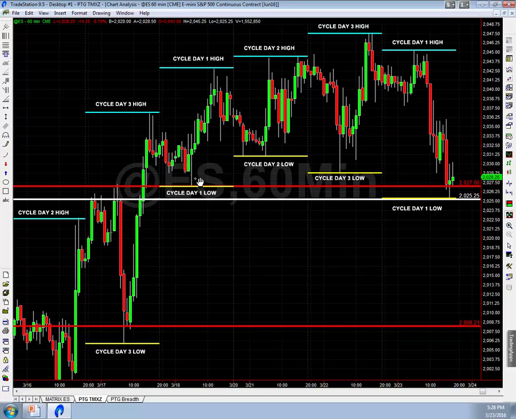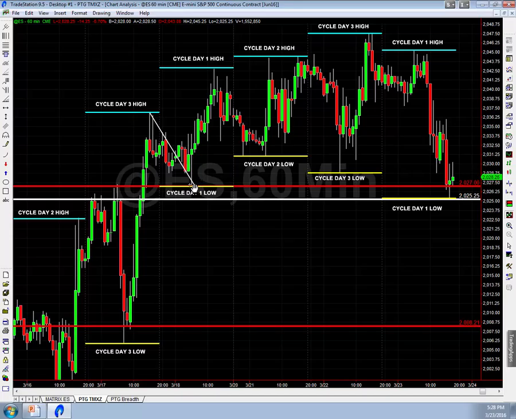So on cycle day 3 down to the cycle day 1 low, it was a shallow retracement. I don't even think it met the average decline observed on cycle day 1. So it created a higher low, took out the prior high here, and that became the new secure low.